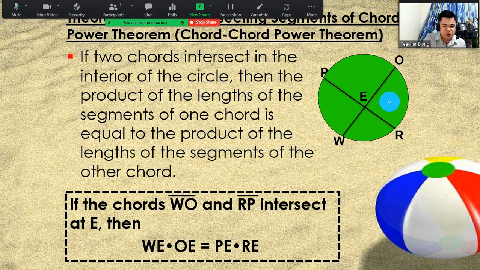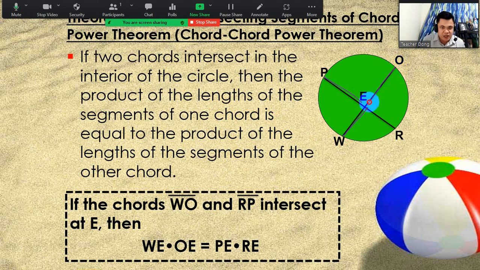Just like what you are seeing here, we have this circle, and if you would like to solve for any of the four segments inside this circle, we can state this equation. It's WE, a portion of the first chord, times OE.